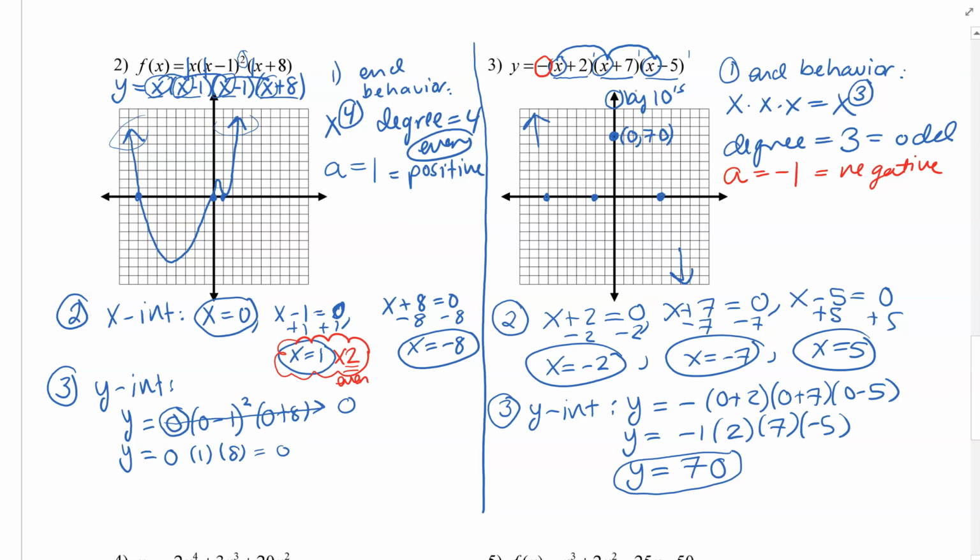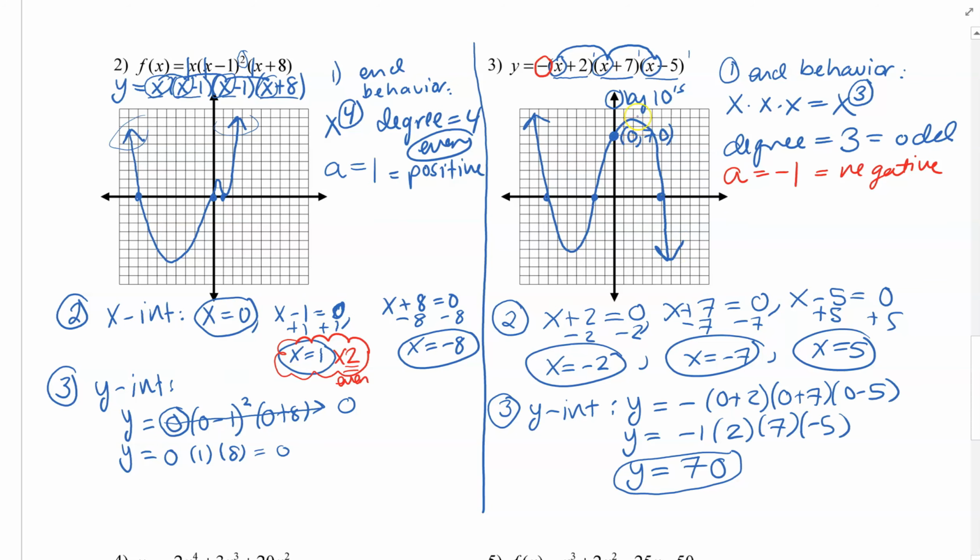And then now I have a pretty good idea what the rest of this will do. It's going to come down, and then it's going to go up, and then it's going to come down and have that end behavior facing down on the right. Oh, darn it. Let's try that one more time. Down, up, and then down. And then I don't know, does this turning point go higher than the y-intercept?